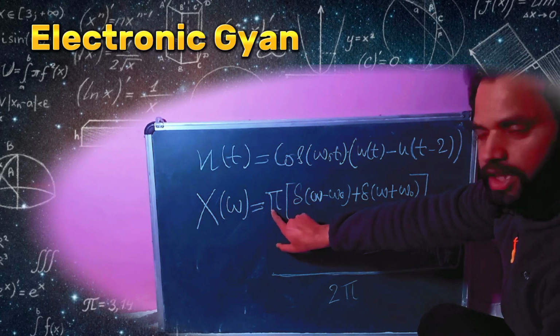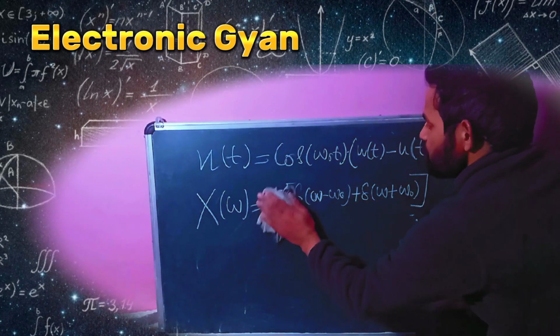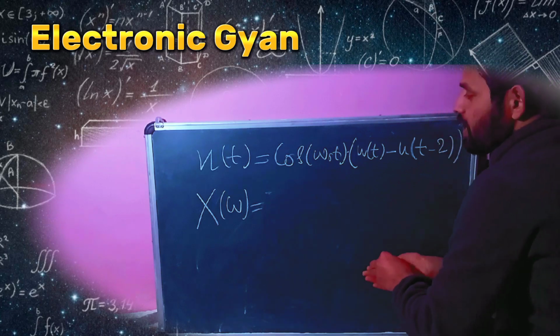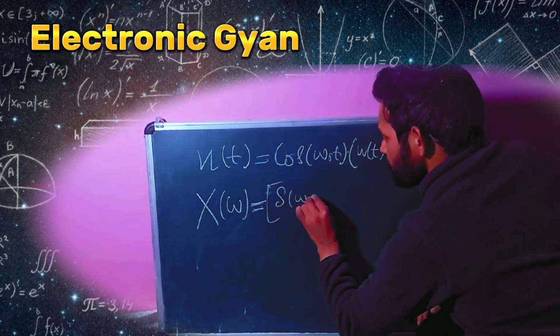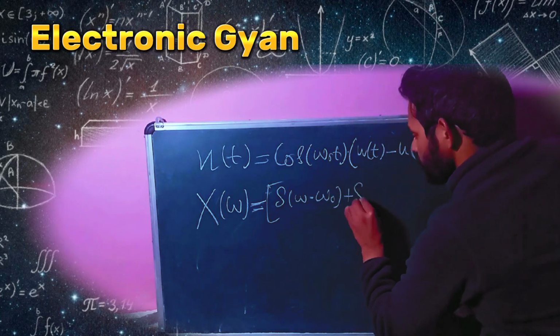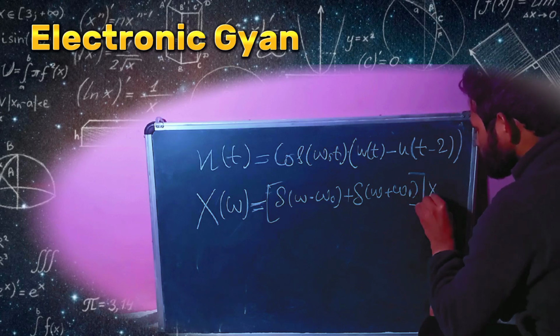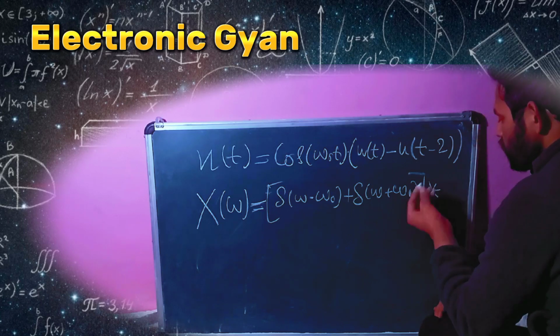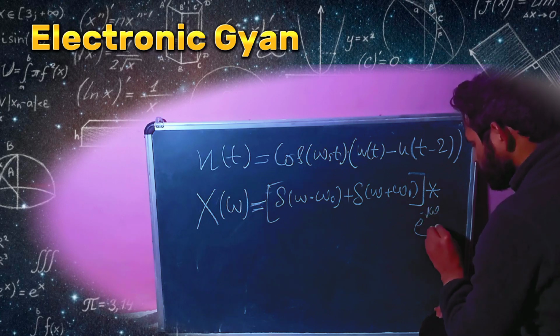The 2 goes outside and the 2 pi gets cancelled. We are left with delta of omega minus omega naught plus delta of omega plus omega naught, convolved with e to the power minus j omega sinc of omega by pi.